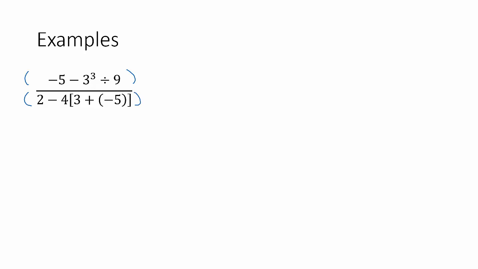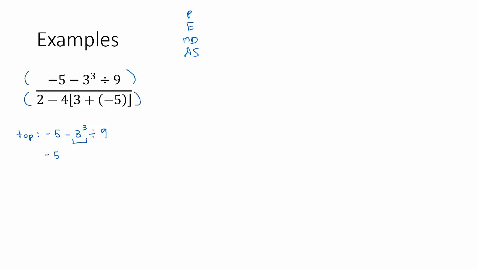So I'm going to treat them individually, and I'm just going to look at the top first, just to keep it clean. Negative 5 minus 3 cubed divided by 9. And we know we have to do the exponent first. Parentheses, exponents, multiply and divide, add and subtract.